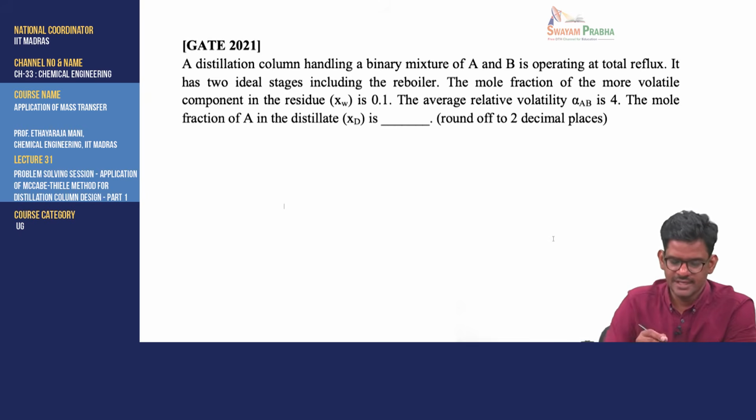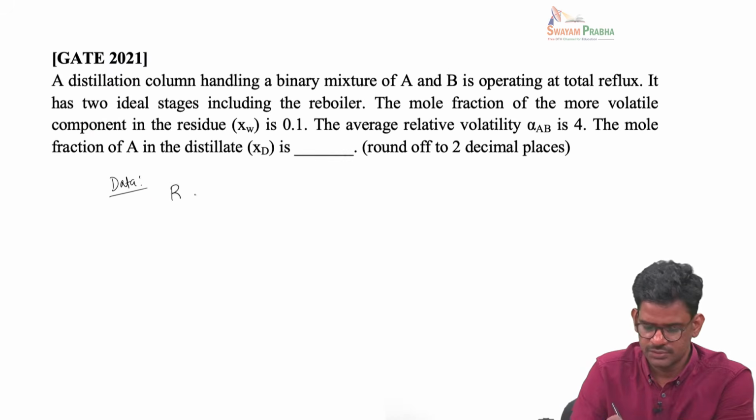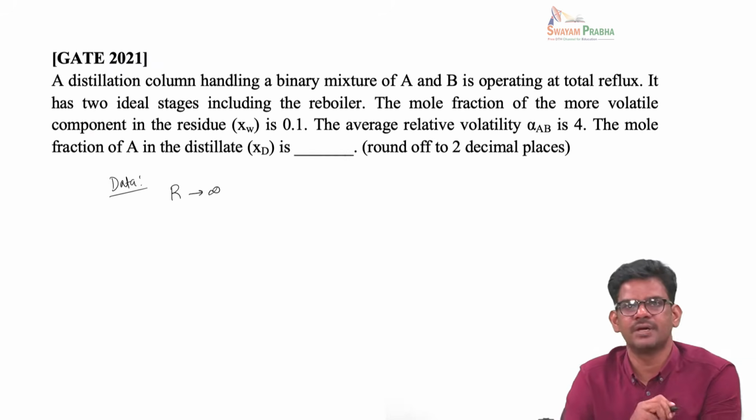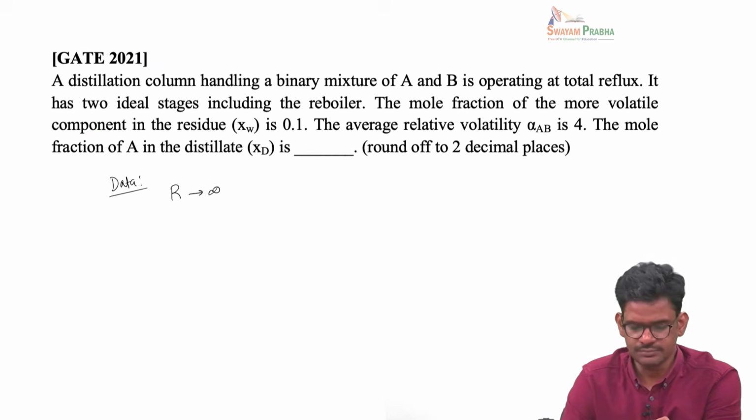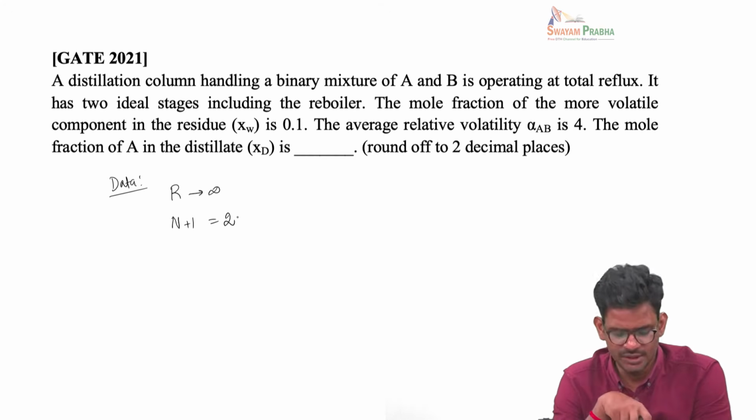So, let us write down the data given. This is total reflux, so R is infinite, and n plus 1 is given as 2. So, the number of stages including the reboiler is 2.